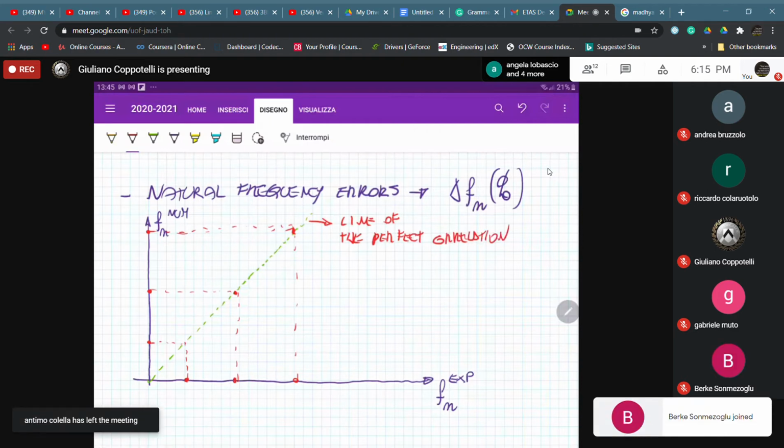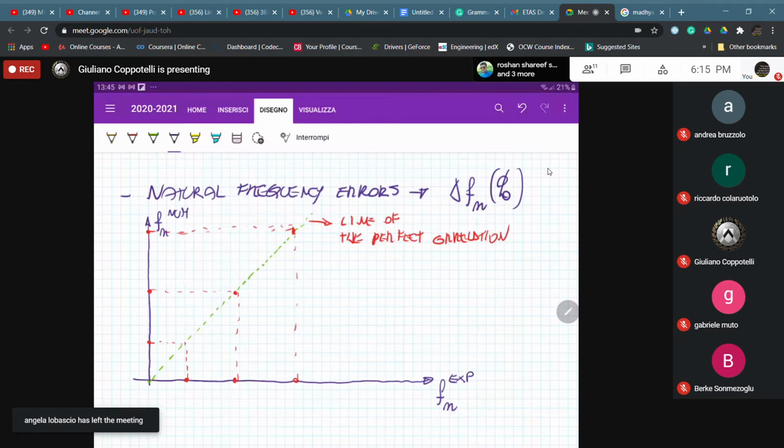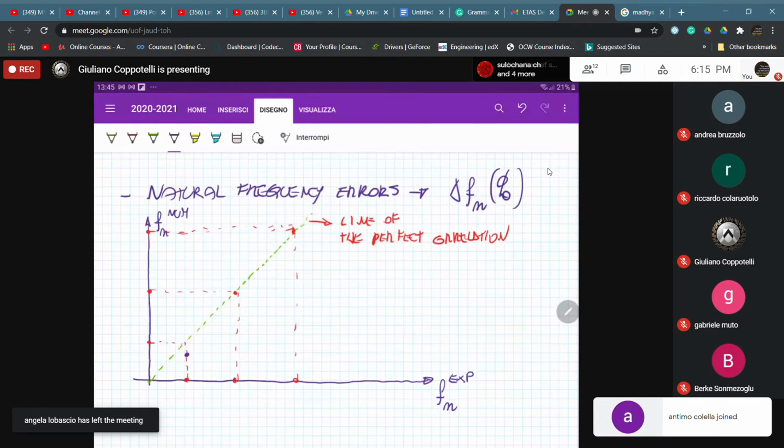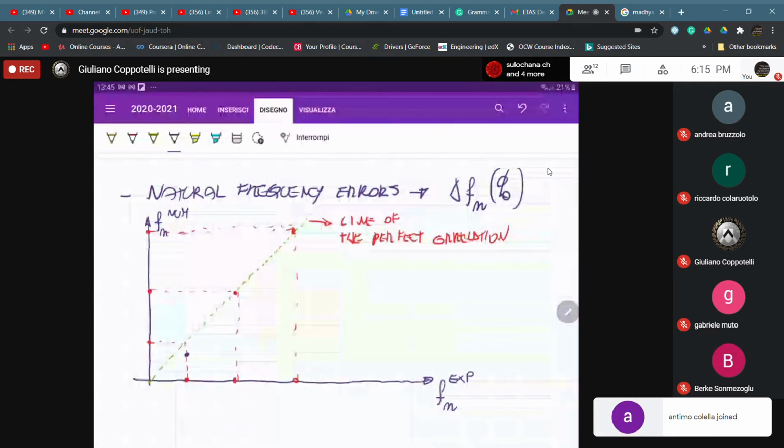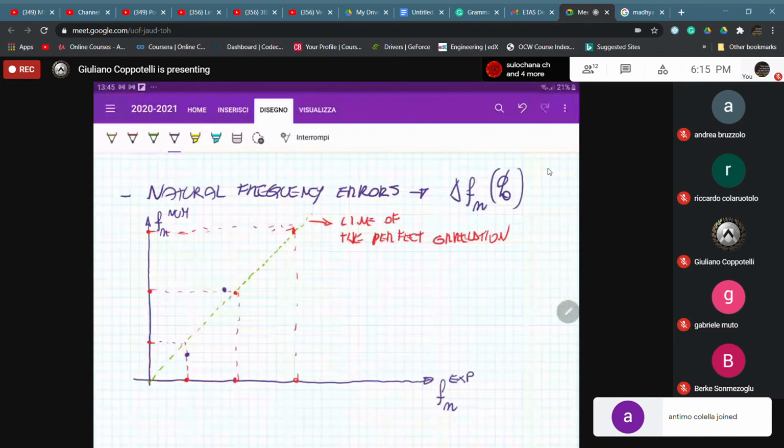Okay, however, that is not what we are having in real life, because maybe we can have something like this, some other, let's say, like that, and so on and so forth.